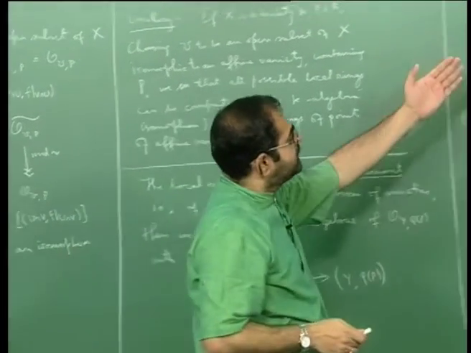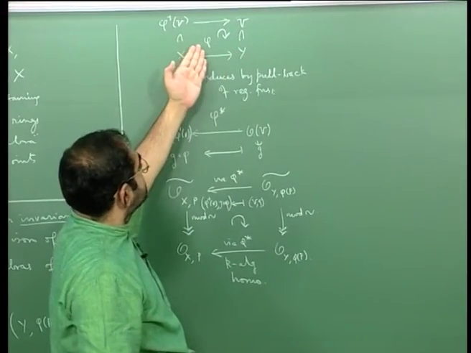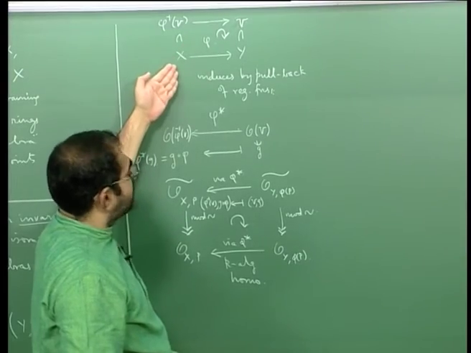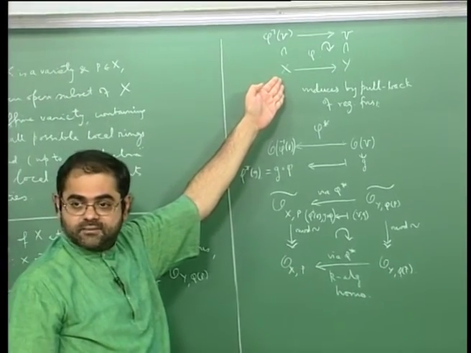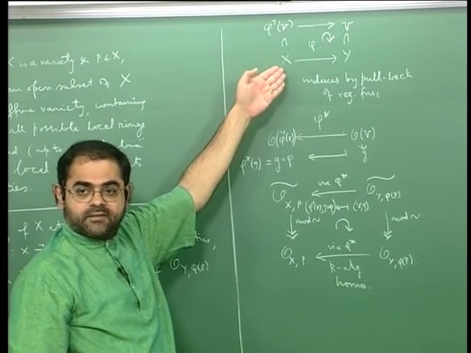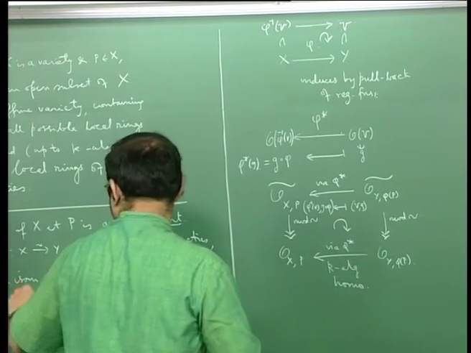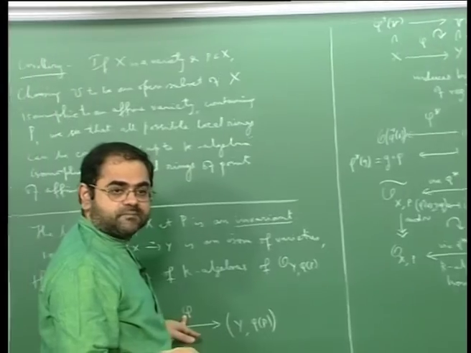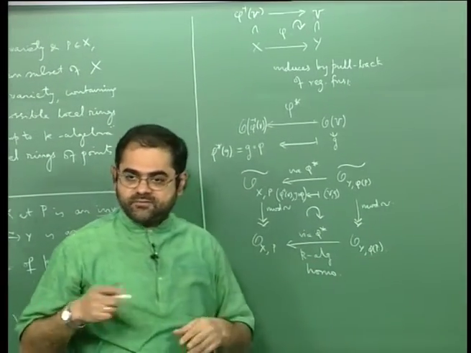So a regular function in a neighborhood of phi p, after composition with phi, is going to give you a regular function in a neighborhood of P, and therefore you are going to get a map on germs. But the point is that if phi is an isomorphism, then you also have a map in the other direction, and you can check that these two maps are inverses of each other.